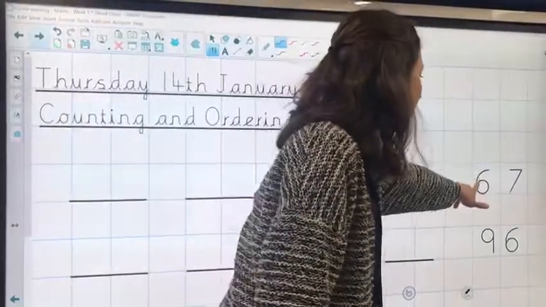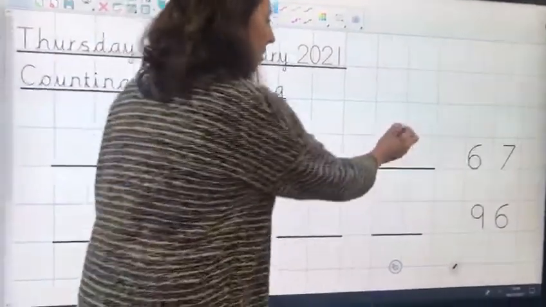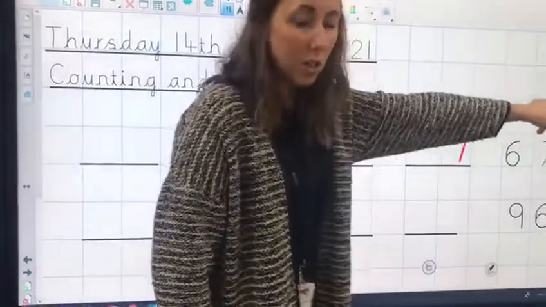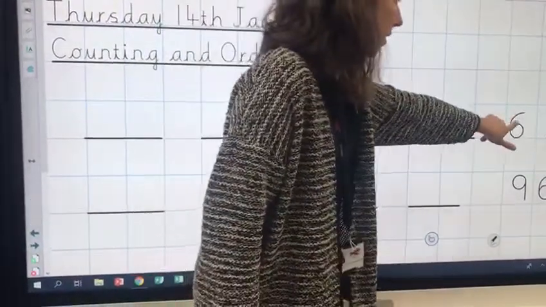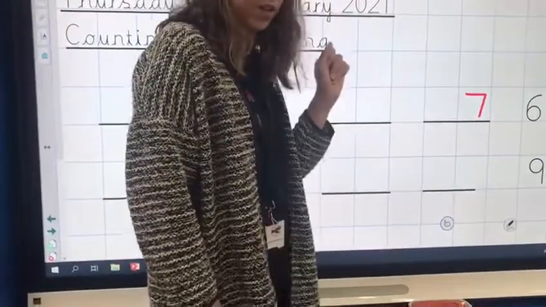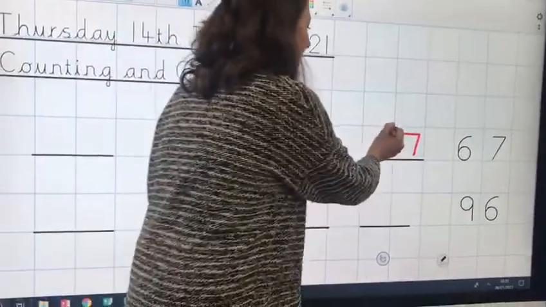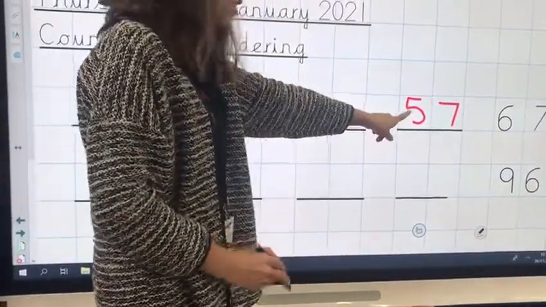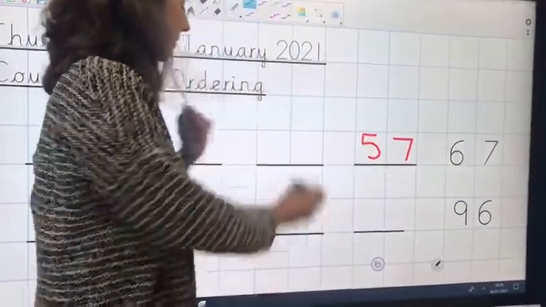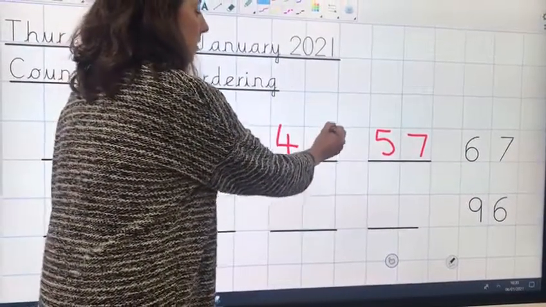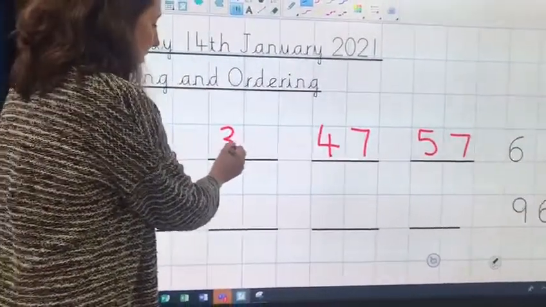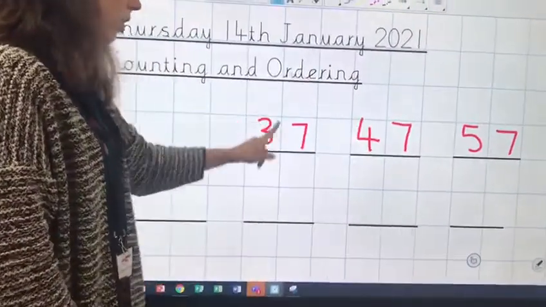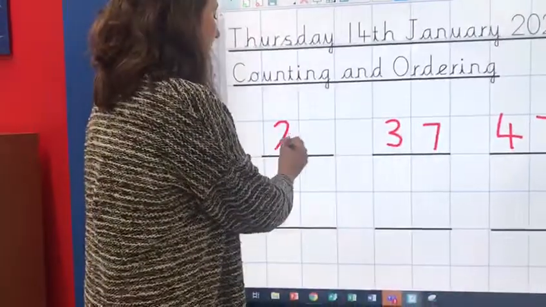I'm going to start with 67. So I know that my 7 is going to stay in my ones place. And this time, instead of counting on the tens, I'm going to count backwards. So I'm thinking about the number that comes before 6. Before 6, I would have 5 tens. So 67, 57. So we're counting back our tens, 6 tens, 5 tens, 4 tens, and 7 ones, 3 tens, and 7 ones, 67, 57, 47, 37, 27.